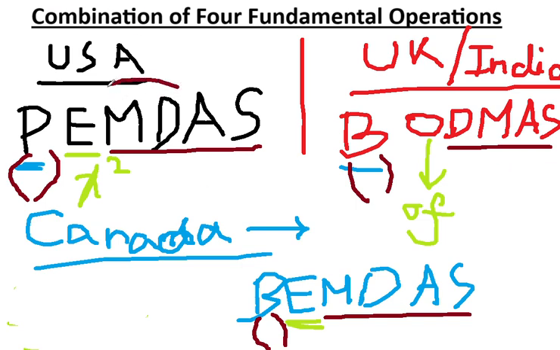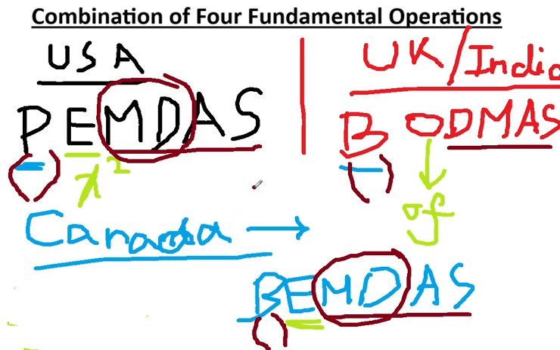Well, you might get a little bit confused with this part, right? In Canada and US, they follow multiplication and division first, but in UK and India, they follow division and multiplication first. So which one are we supposed to follow? Let me tell you something about that. In US and in Canada, we generally move on with PEMDAS from the left to the right side, okay?